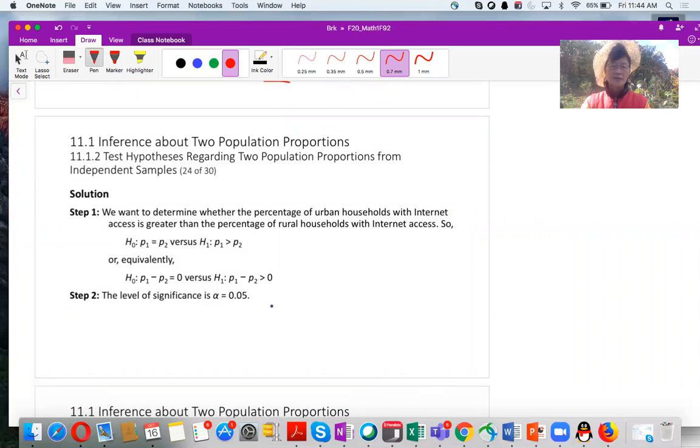So the three requirements are met. We go to step one, state the null hypothesis. P1 represents population 1 proportion. So who is population 1? The urban household is population 1, and the rural household is population 2. So this is p2, and this is population 1.